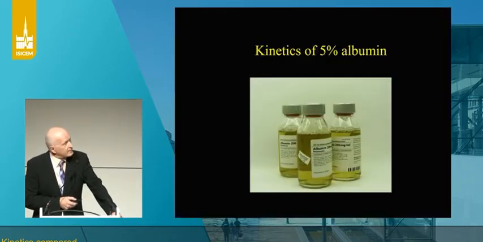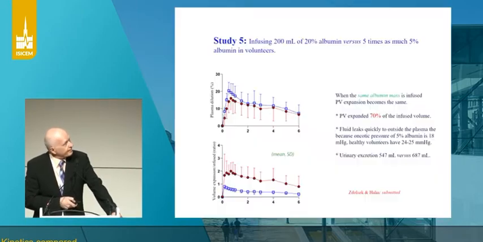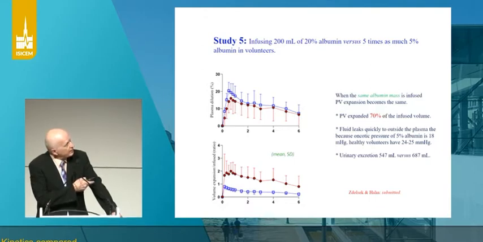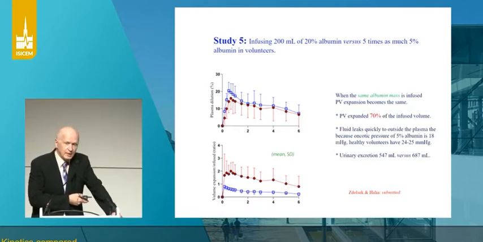All right, what about the 5% albumin solution? We've done one volunteer study of that. The plasma dilution, which is an inverse really of the plasma volume expansion, is almost the same. So that means that a lot of the volume in the 5% solution leaks out more or less immediately.